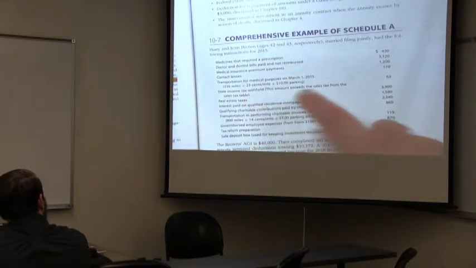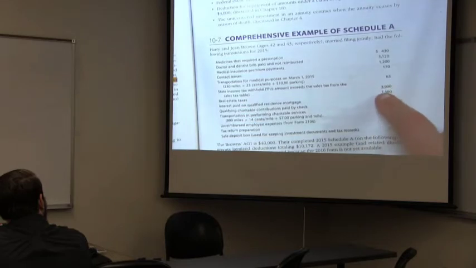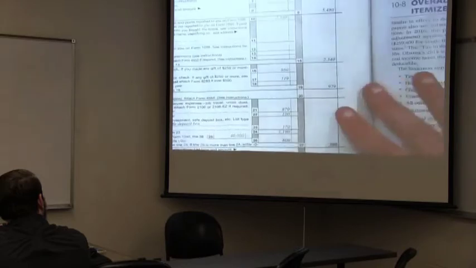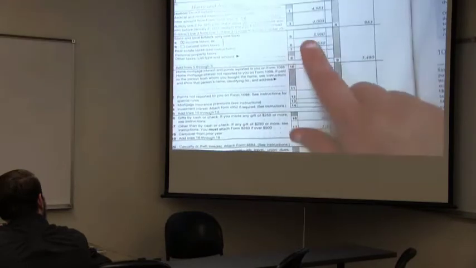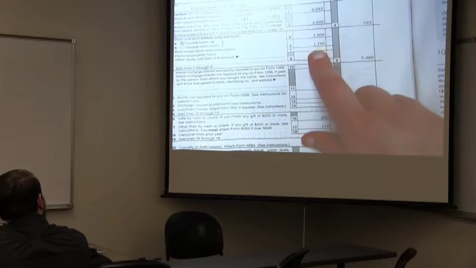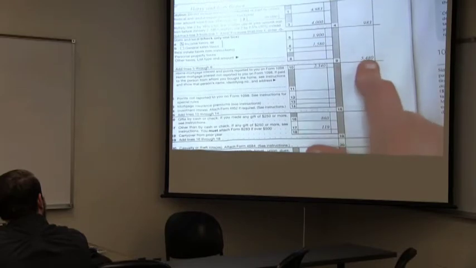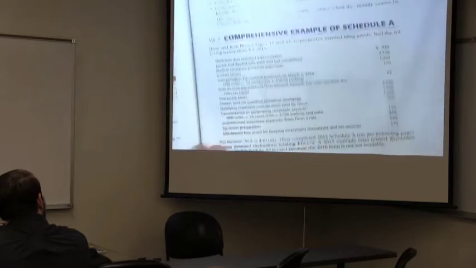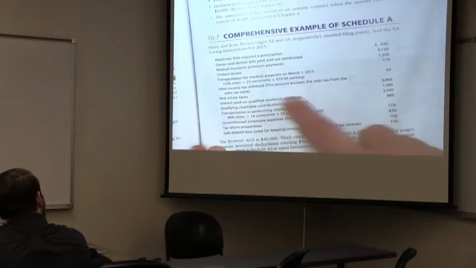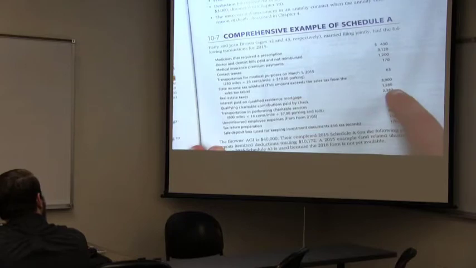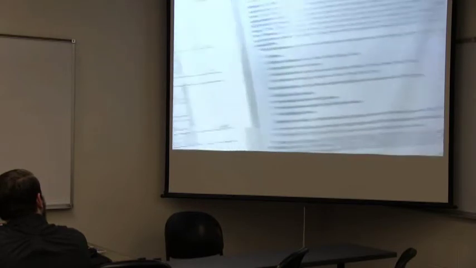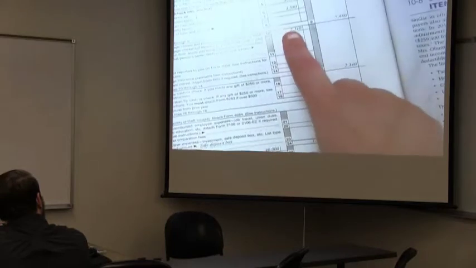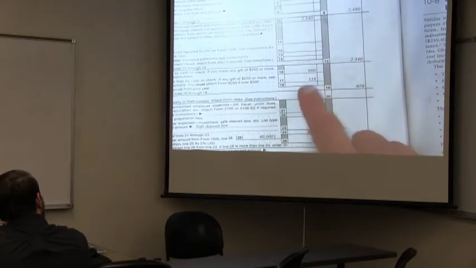We have state income tax withheld of $3,900 and real estate taxes of $1,580. So if we go back to our Schedule A, $3,900 for income taxes and $1,580 for real estate, for total taxes of $54.80. Next category, we have interest. Interest paid on qualified mortgages, $23.40. Back here, we have our interest, right here, $23.40 for mortgage interest.